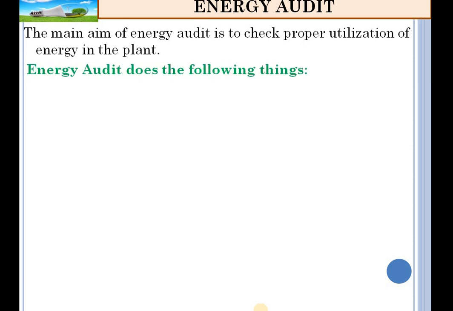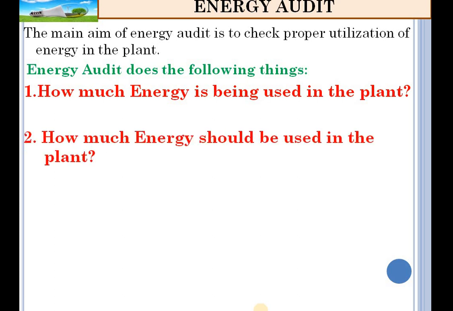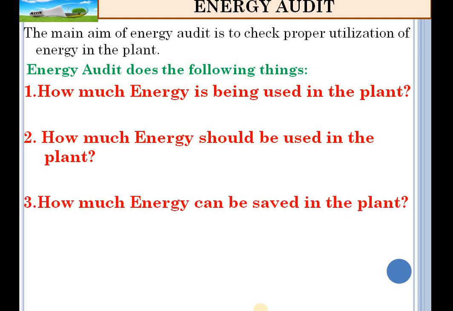So energy audit does the following things: how much energy is being used in the plant or in any organization or industry. Second, how much energy should be used in the plant or industry. And the third is how much energy we can save in the plant or industry. So these 3 points are nothing but analysis of energy usage in the plant.